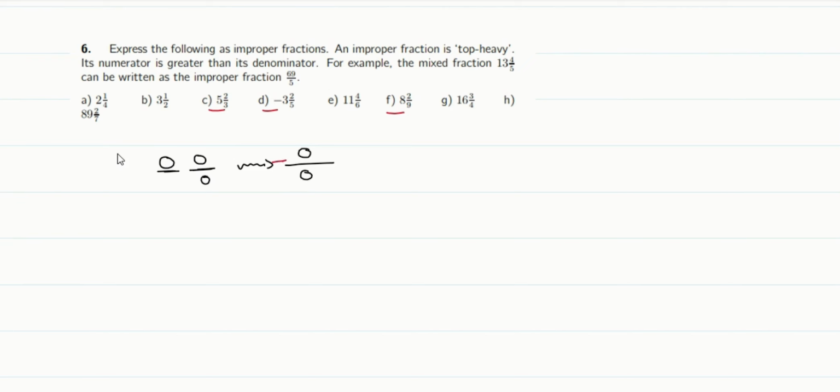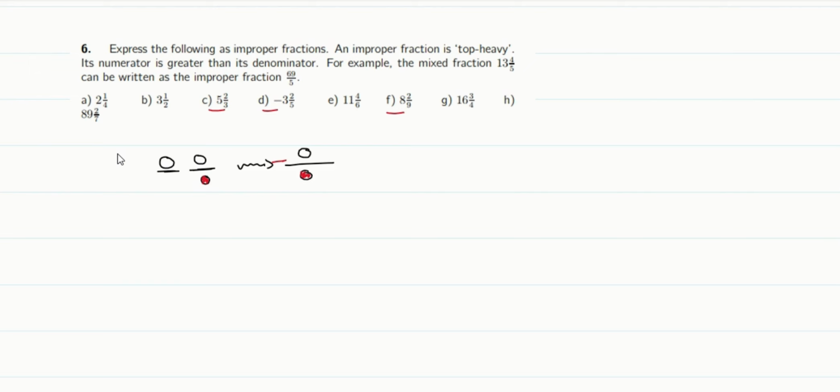So in order to actually change this and convert this into an improper fraction, you should note that the value on the denominator would actually stay the same, as we mentioned on the previous example as well. So whatever value on the denominator we have on the mixed fraction, let's say this value in here, it's going to be the same value in here as well. Only the value on the numerator would be changed, and we have to calculate it.